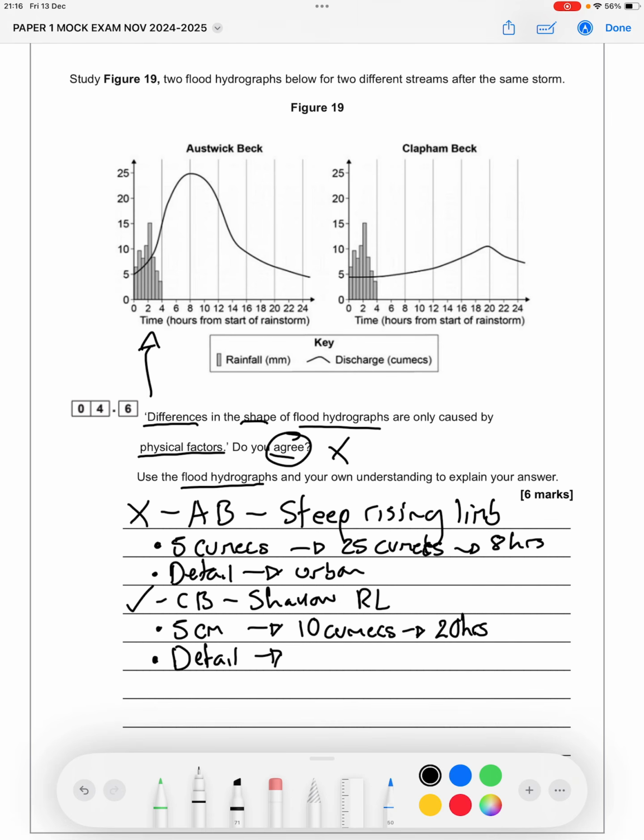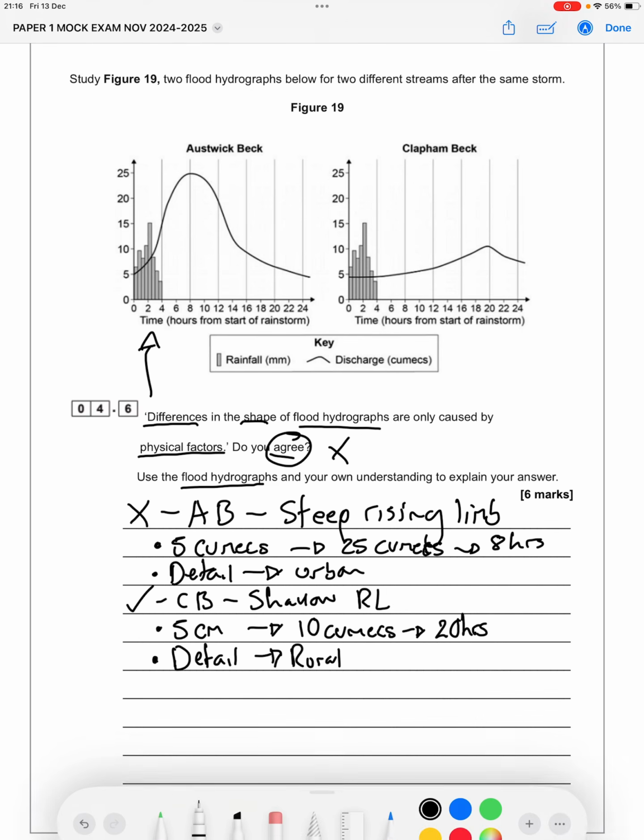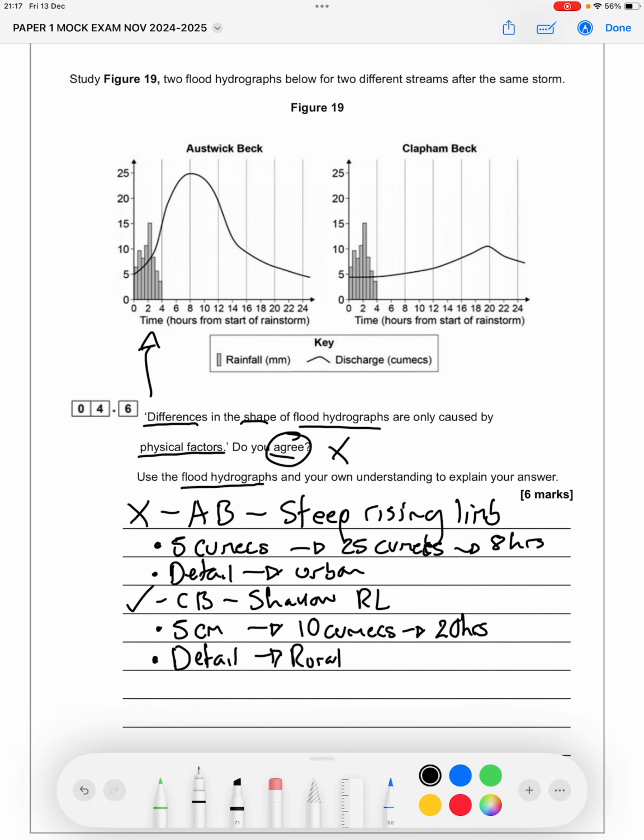So that's when you're talking about, well, this is probably a rural area with more grassland, more fields. So there's more infiltration, more throughflow, more groundwater flow, more interception from things like trees and plants, more areas where the water can store, so ponds and lakes and such. And then that would take you through basically to the finish of this question.